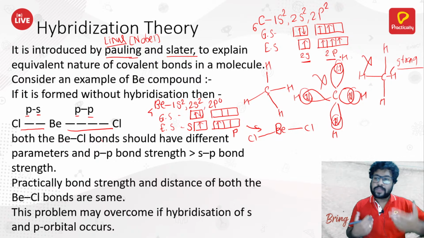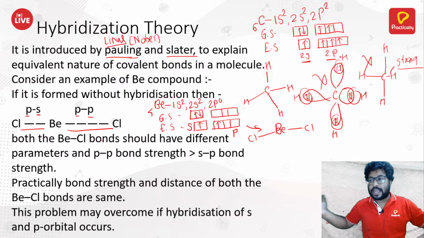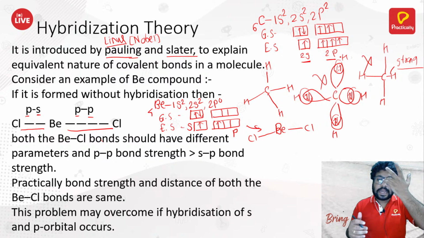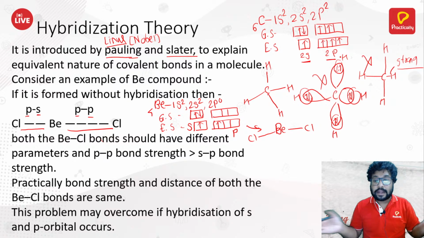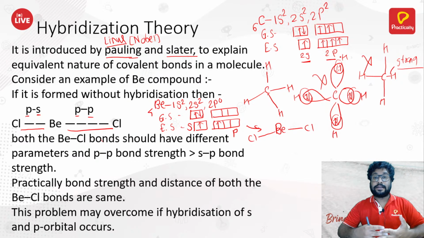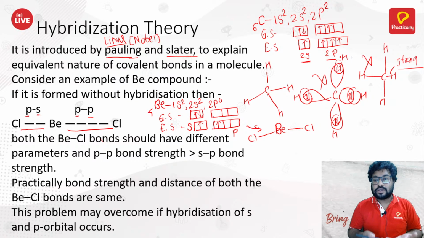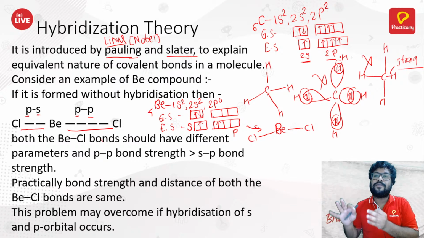As humans, we also have both hands exactly similar, but the direction is different. We cannot have both hands on one side. The same thing happens here. The S and P orbitals mix together and get recast into a new set of orbitals, which are called hybrid orbitals. Those hybrid orbitals are the same in size, shape, and energy; only they have different orientation in space.